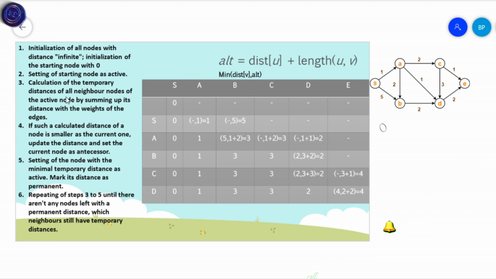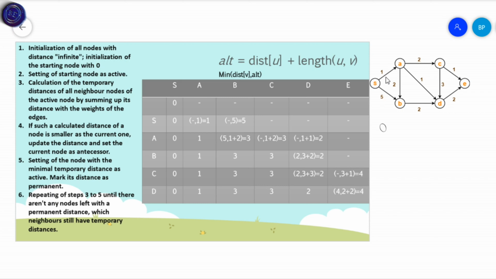Calculation of the temporary distances of all neighbor nodes of the active node by summing up its distance with the weights of the edges. So here we are going to calculate the distances of the neighbor nodes from the active node by summing up its distances with the weights of the edges.